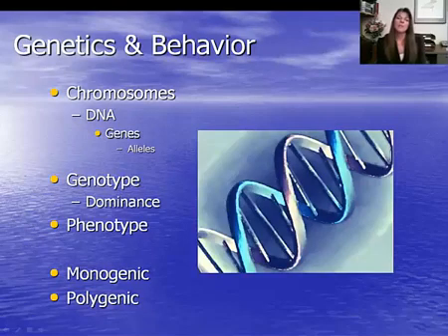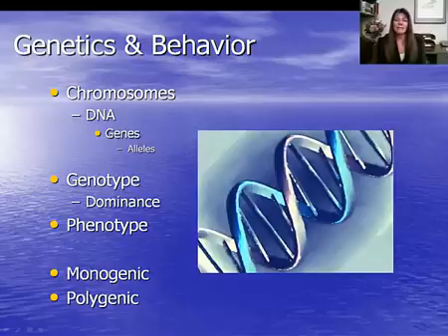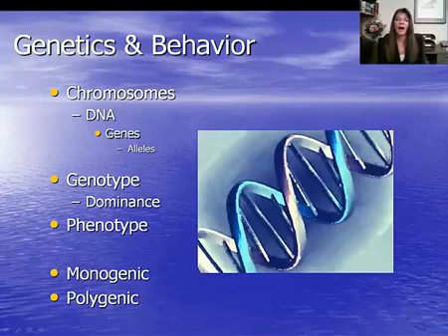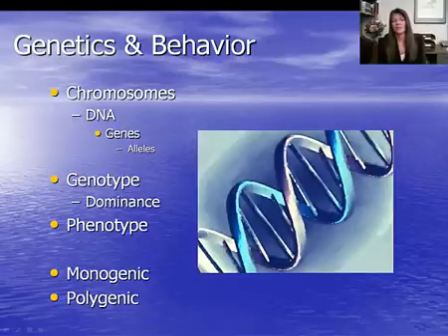So the genotype is going to be symbolically portraying the actual alleles that you have for whatever we're asking about. Okay? And remember that you have 2 alleles, for instance, for eye color, and they're going to be symbolized with 2 different letters of the alphabet.